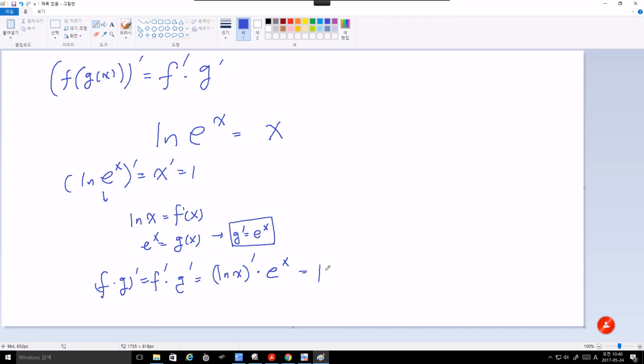Actually, to make it more comfortable, let's write down y equals e^x, and f(y) is ln y.